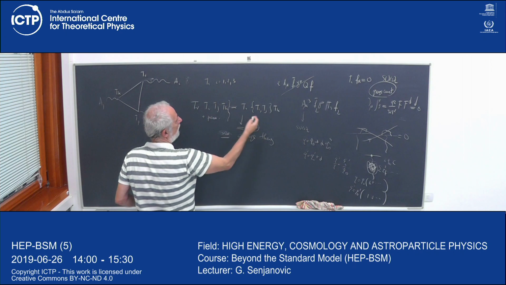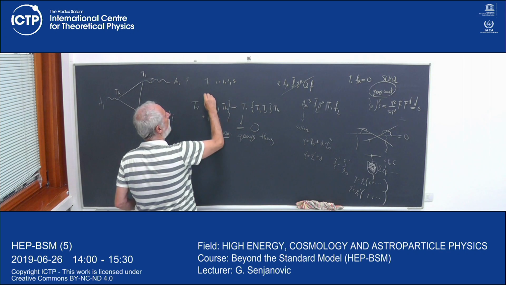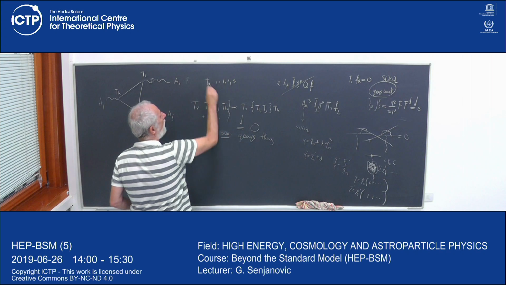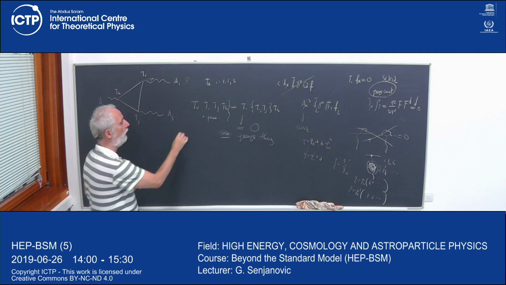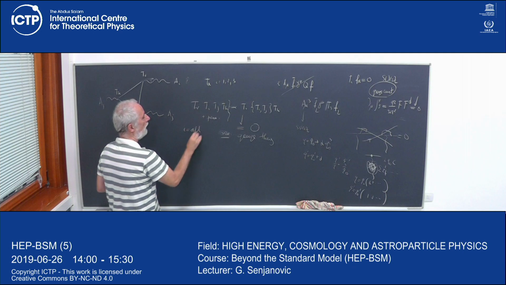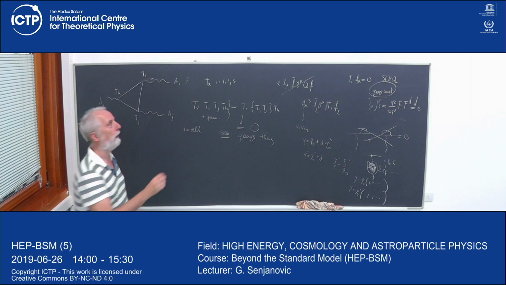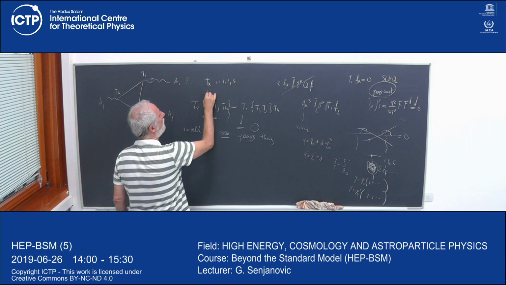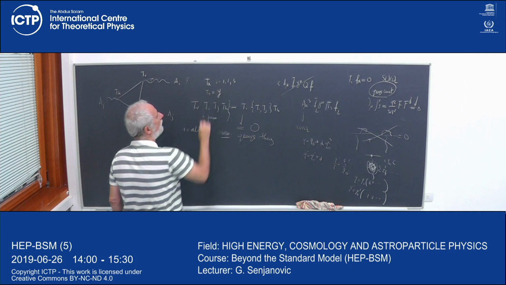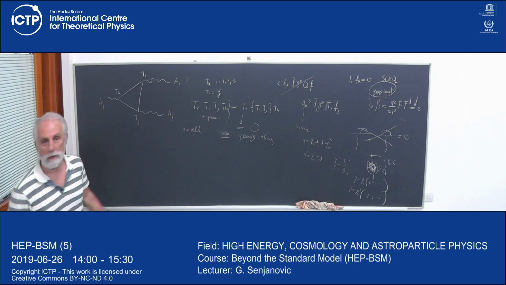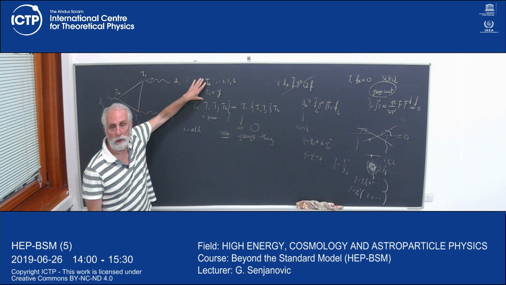Now let me write TA, where A goes over whatever the gauge group is. And then we have, let's say, T4 is hypercharge in the standard model. These are the important chiral charges, chiral generators. The others are not.